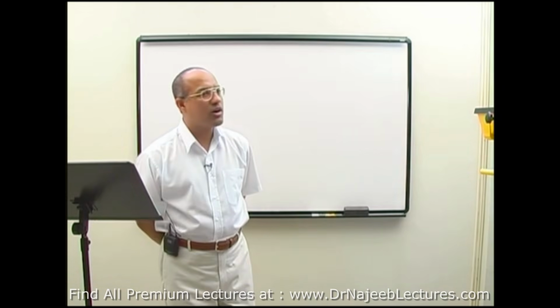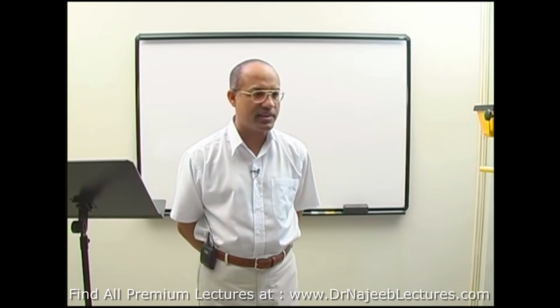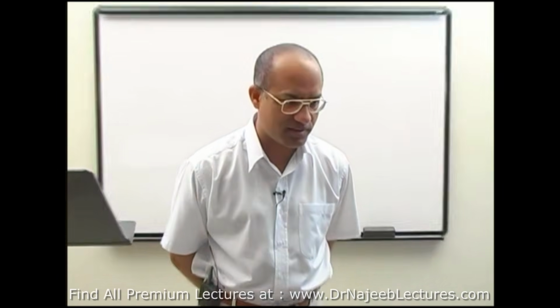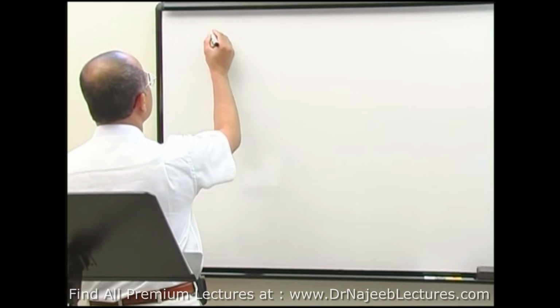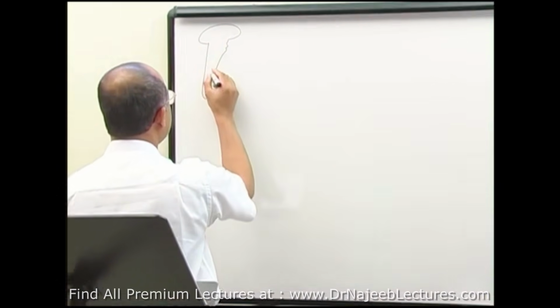Today we are going to talk about how, when adrenergic receptors are stimulated, they induce intracellular signals, right? What is the molecular basis of adrenergic receptor function? So let's take different tissues. Let's suppose here is your central nervous system, right?